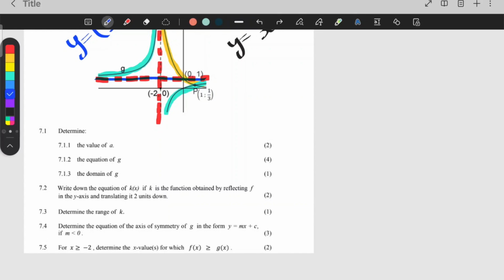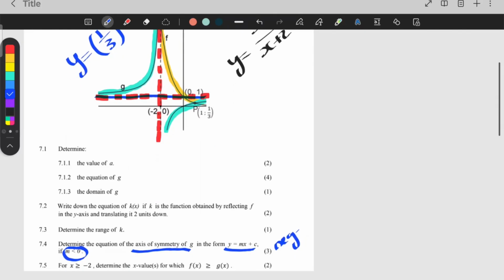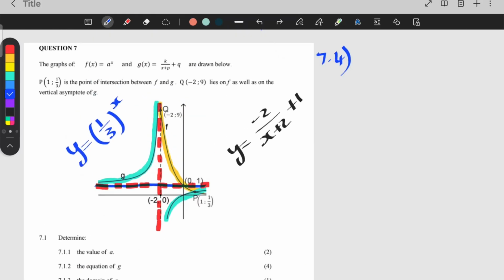7.4 says, determine the equation of the axis of symmetry of G in the form y is equal to mx plus c. Okay, that's normal. If the gradient, so m, is less than 0. So this is the axis of symmetry with a negative gradient. Okay, this is for 3 marks. So this is how you can do it.